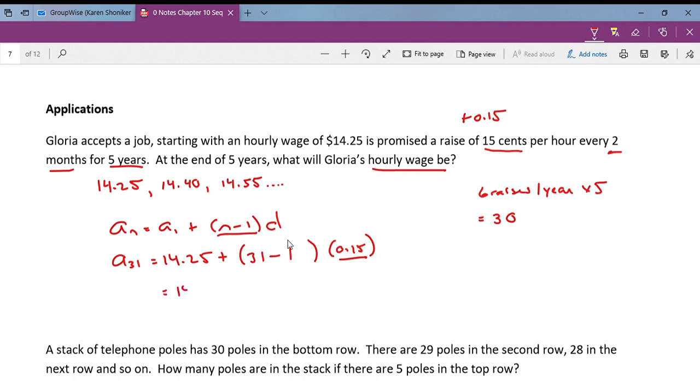Or I personally ignore the formula and I think of the fact that I want to give her 30 raises. And I don't put n minus 1 in there. I just go straight to putting a 30 in here. So I'm going to give 30 raises of 15 cents per raise onto the 14.25. And that means her hourly wage after the 5 years is going to be $18.75.